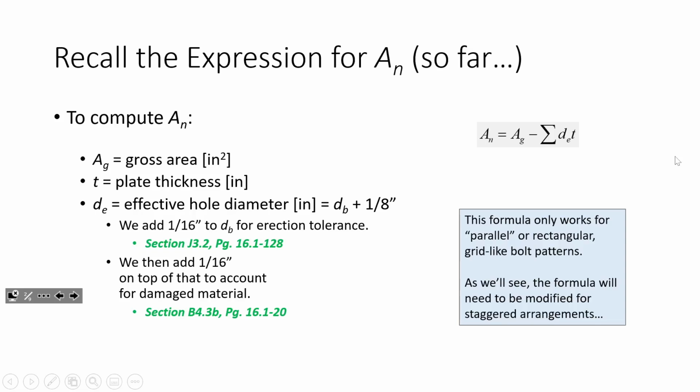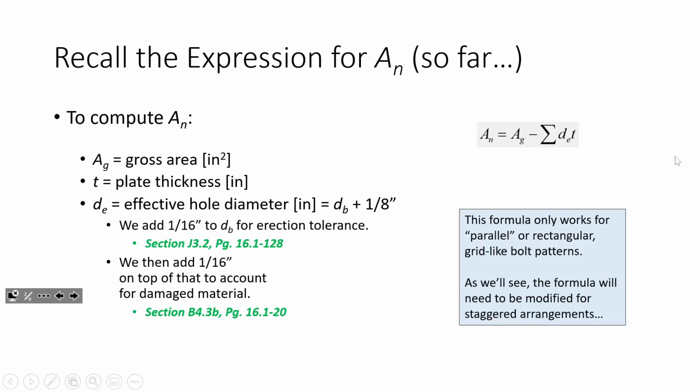Well, if we increase the net area, what do you think that does to the strength? It increases it. So from a design standpoint, I can get more capacity out of the same member without changing the size of the member, without increasing the number of bolts. I get increased capacity for no extra charge. But we have to be able to account for that.